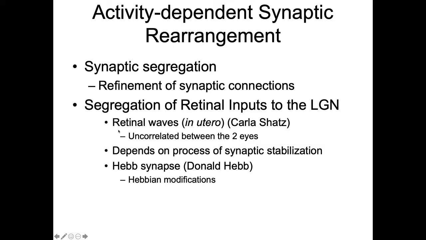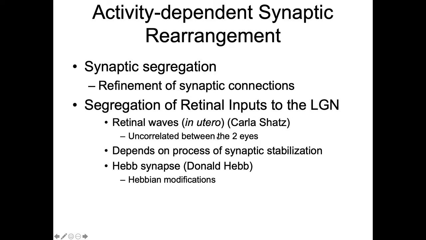So we have these retinal waves, which are activity happening within the retina of the developing embryo before it actually opens its eyes. It's relatively uncoordinated, but there is activity there that helps to establish the types of connections.